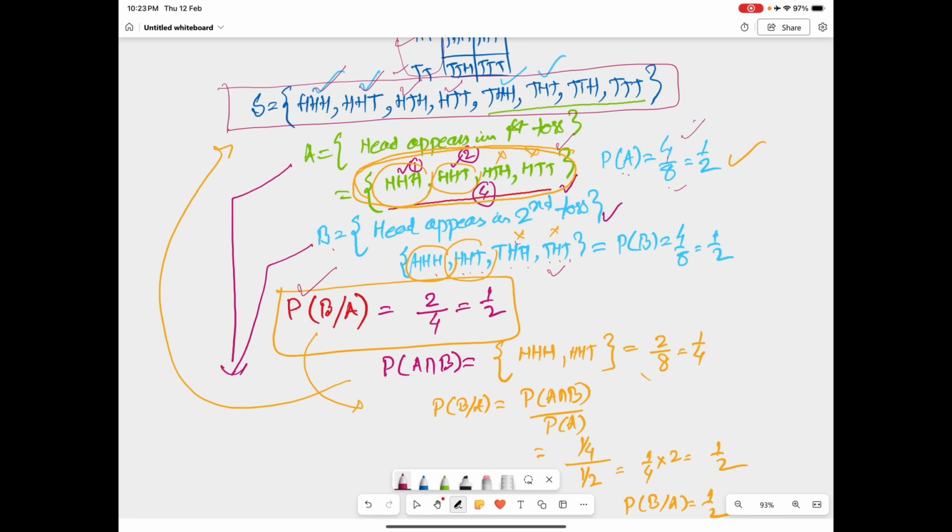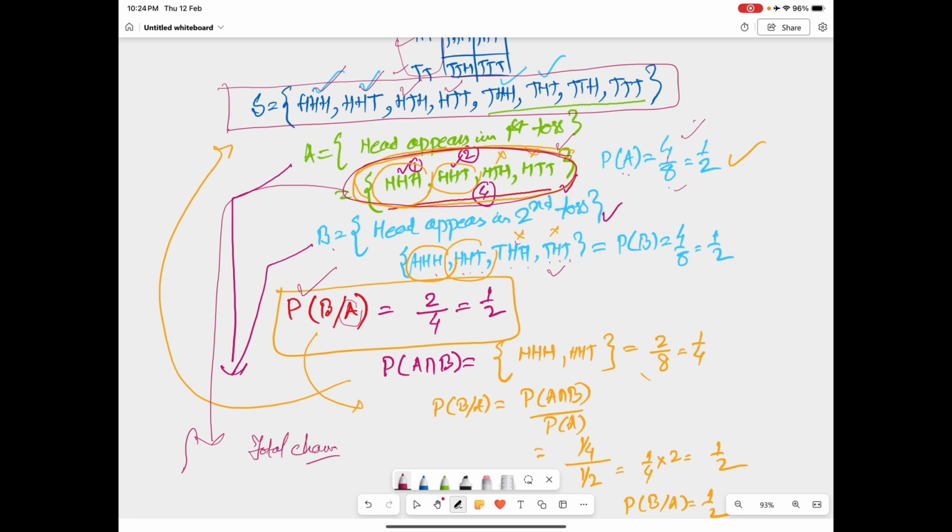So this will be given by B by A. You can see in this case your sample space, because A has occurred first, gets reduced to these first four cases. So this will become your total cases. And out of this, B has to occur, means head appears in the second toss.